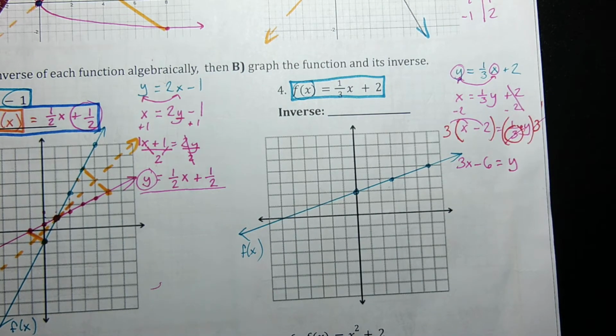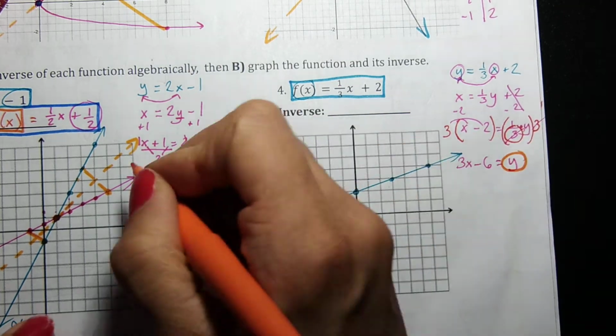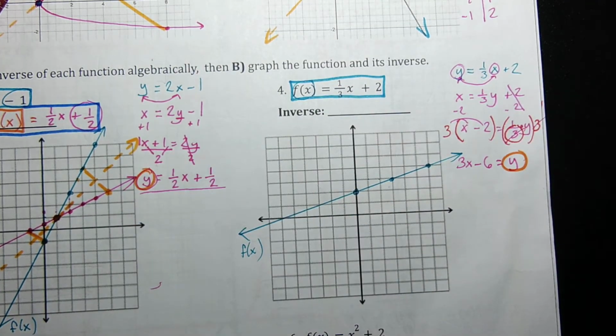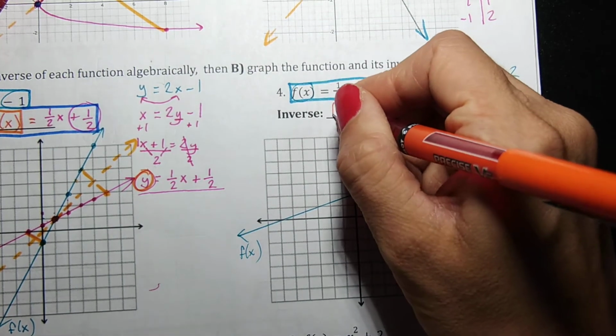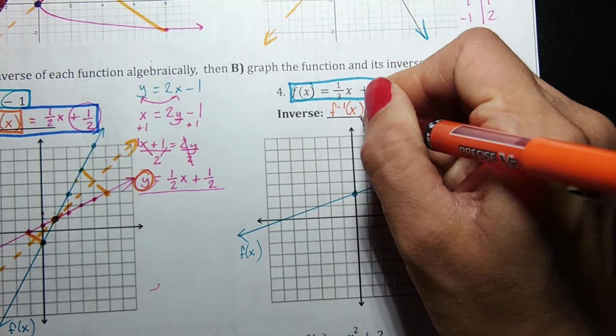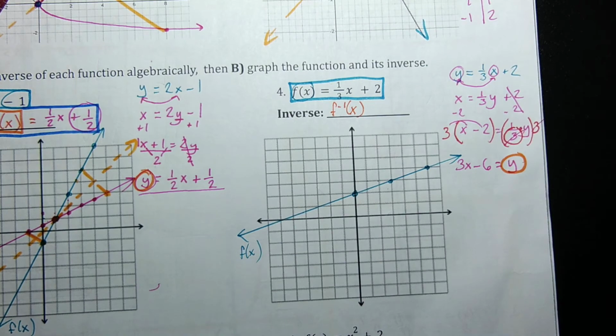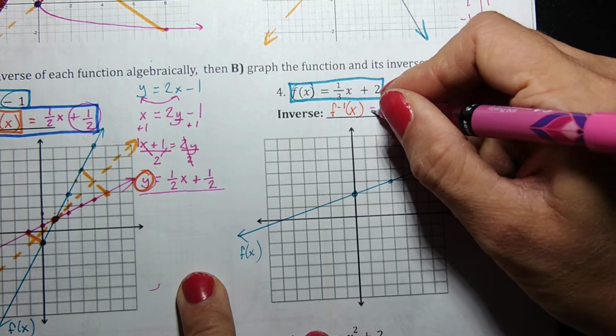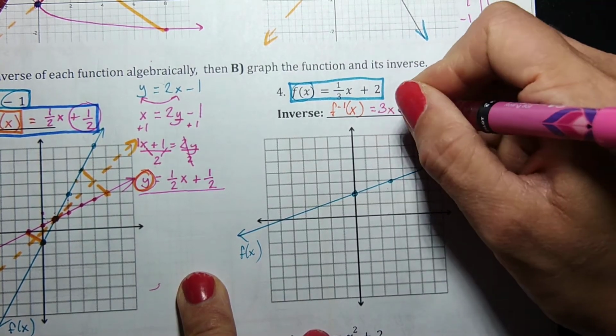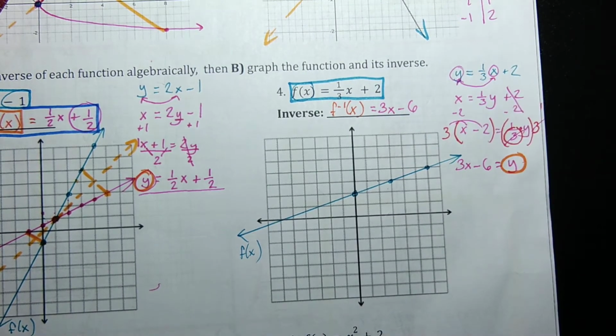Our final step is to replace that y with the inverse function notation. So f to the negative 1 of x is read as the inverse of f of x is equal to 3x minus 6.